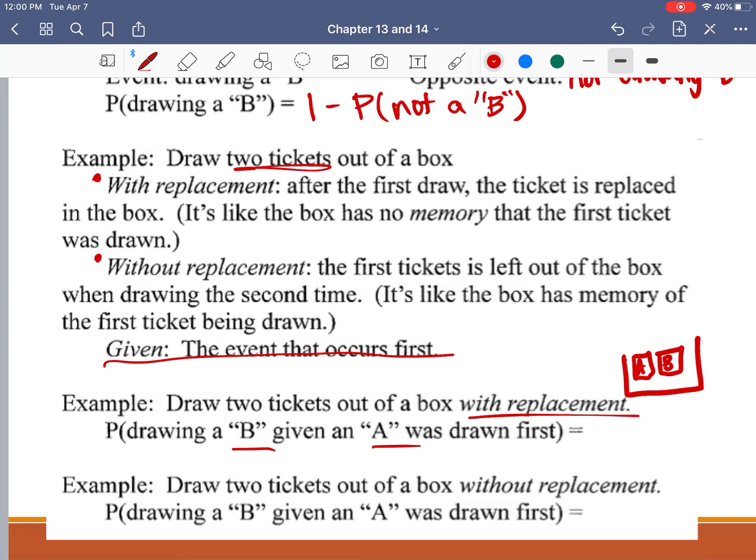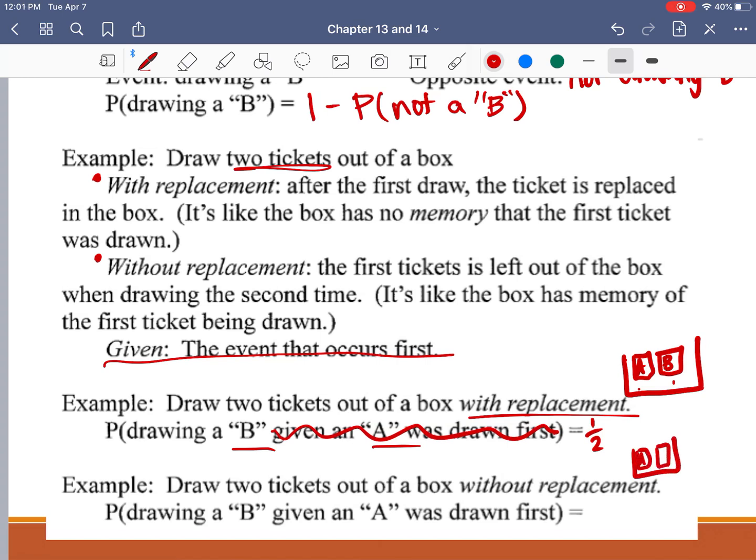What's the probability of drawing a B given A was drawn first? Well, I don't even care what was drawn first because it's with replacement. So the probability of drawing a B is 1/2, because there's 2 cards in the box.